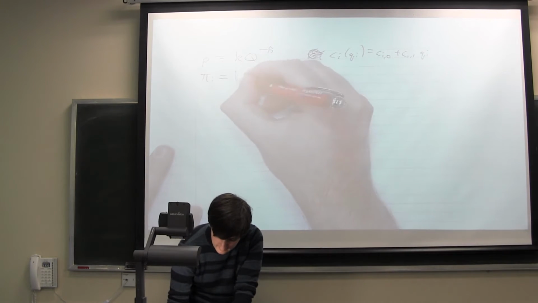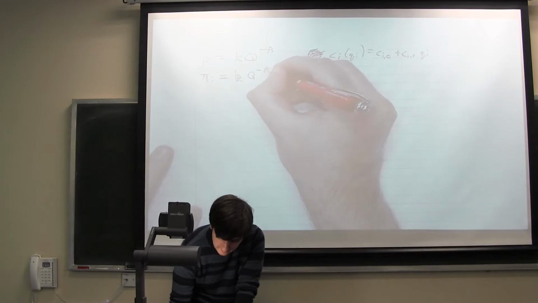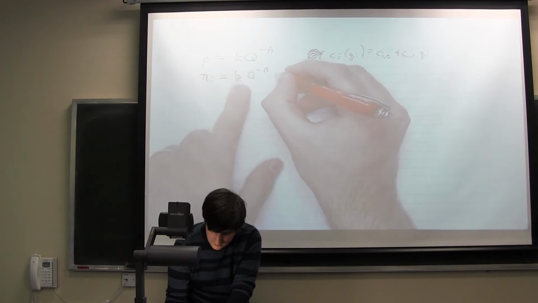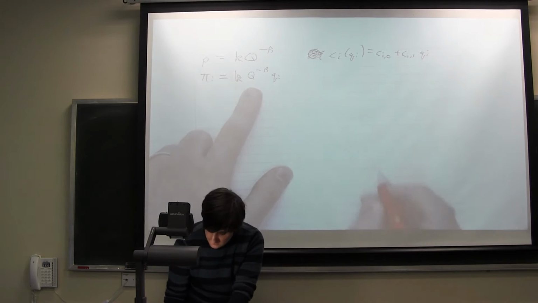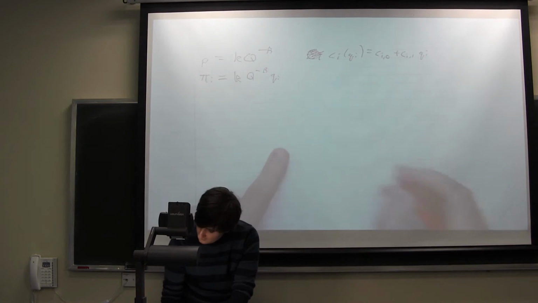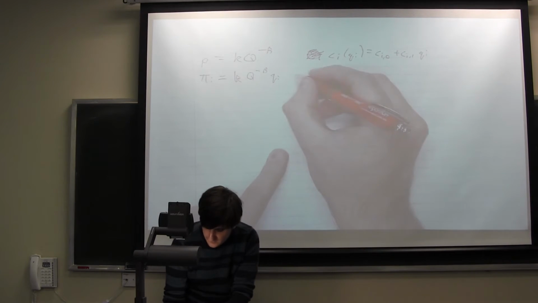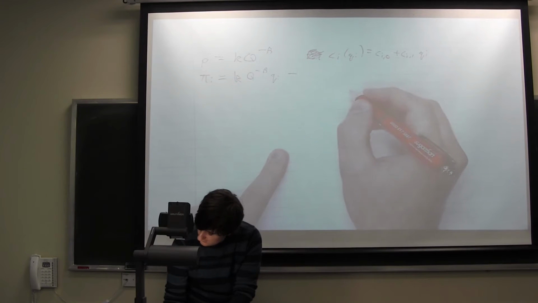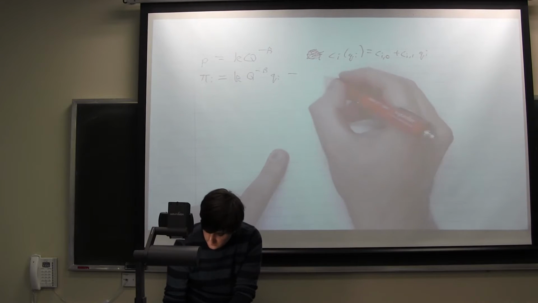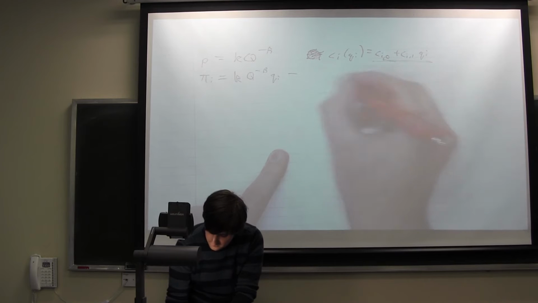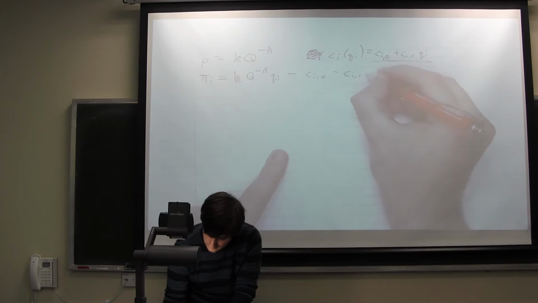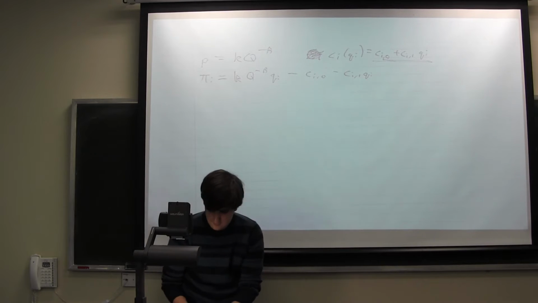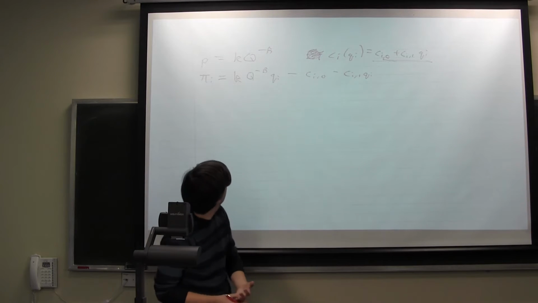So price here is going to be K Q to the minus beta times the quantity produced by firm i, minus the total cost for firm i, which were this expression here: c_i0 plus c_i1 q_i. So that's what profits look like.